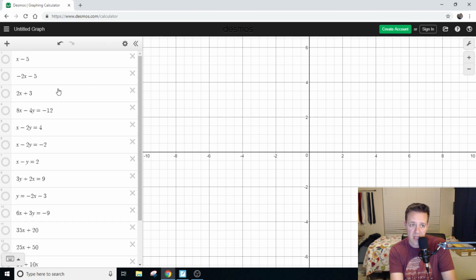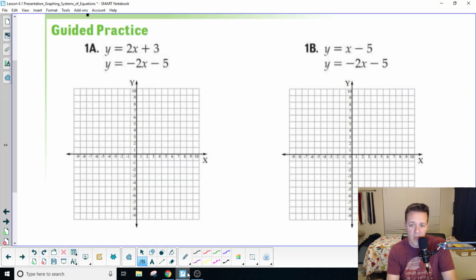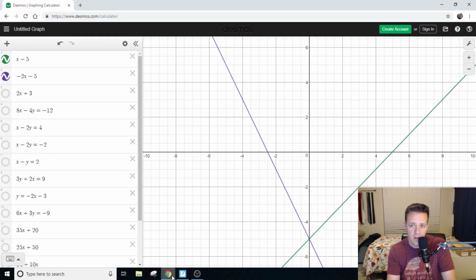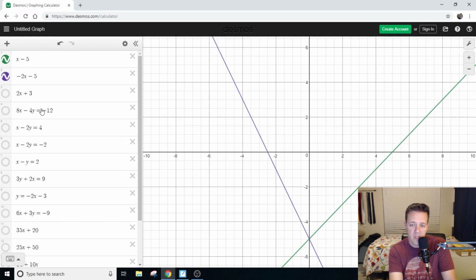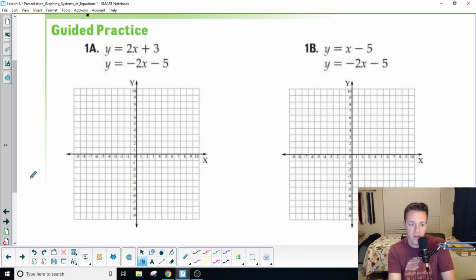Our second guided practice is negative x, x minus 5, negative 2x minus 5. Let me make sure I didn't miss anything. Okay, I didn't, good. That one as well is going to be consistent and independent. It's interesting that we put both on there.